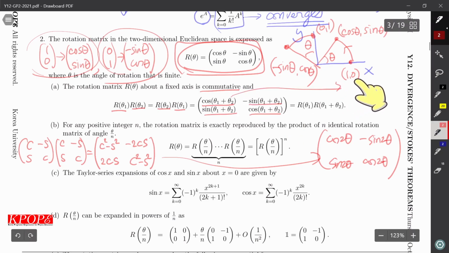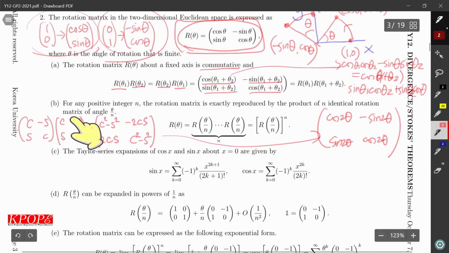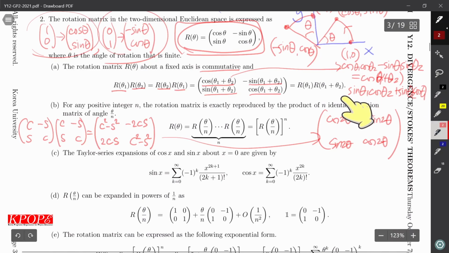We have made use of cosine theta 1 cosine theta 2 minus sine theta 1 sine theta 2 equals cosine of theta 1 plus theta 2, and sine theta 1 cosine theta 2 plus sine theta 2 cosine theta 1 equals sine of theta 1 plus theta 2.